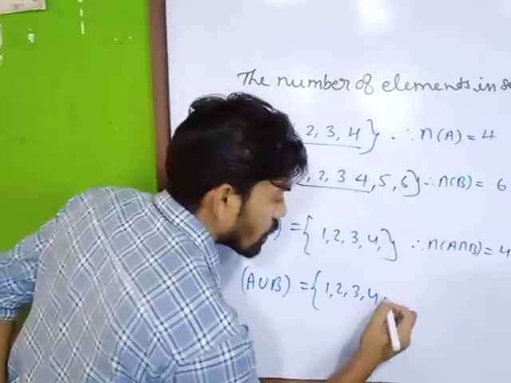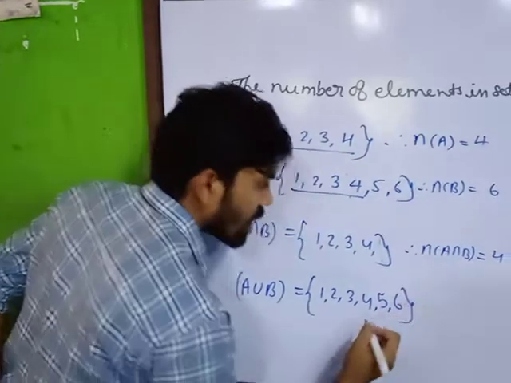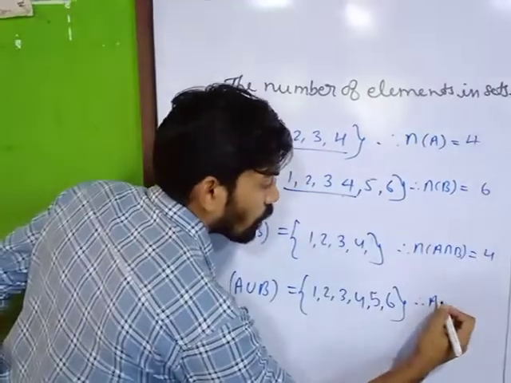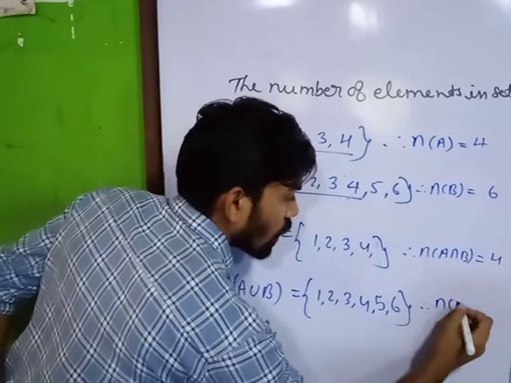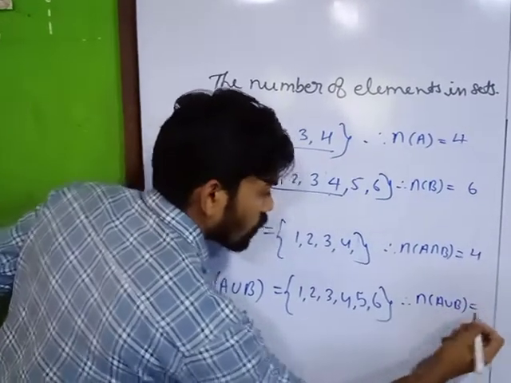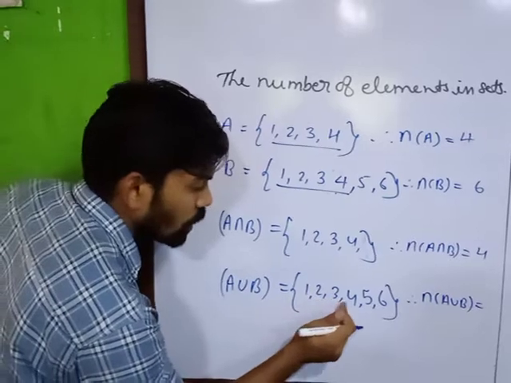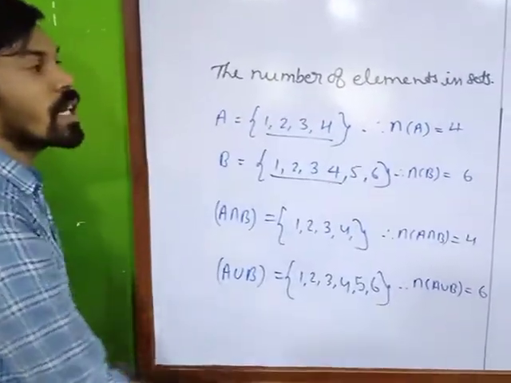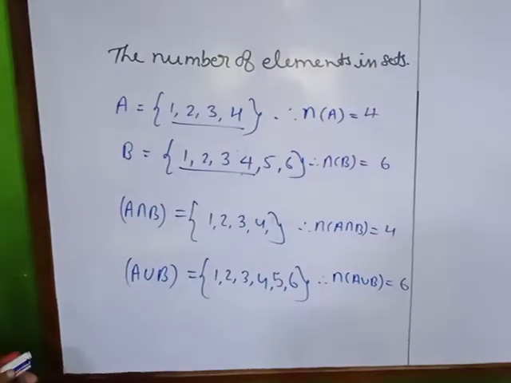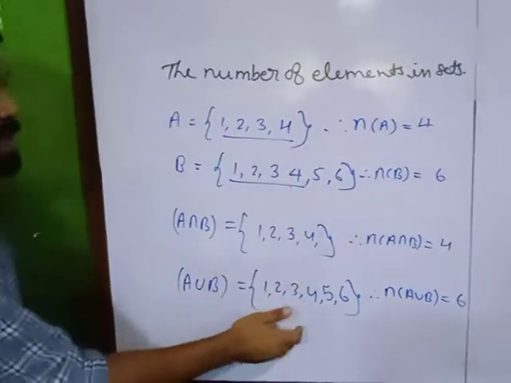Just 5 and 6 remain. Therefore, n(A union B) is equal to 6. This way we can write the number of elements present in a set.